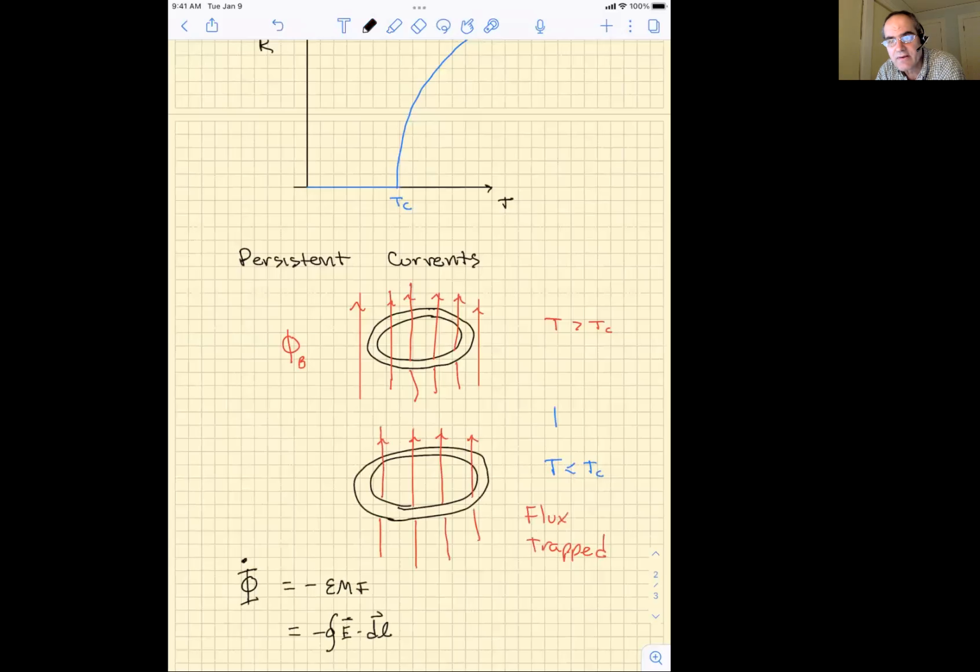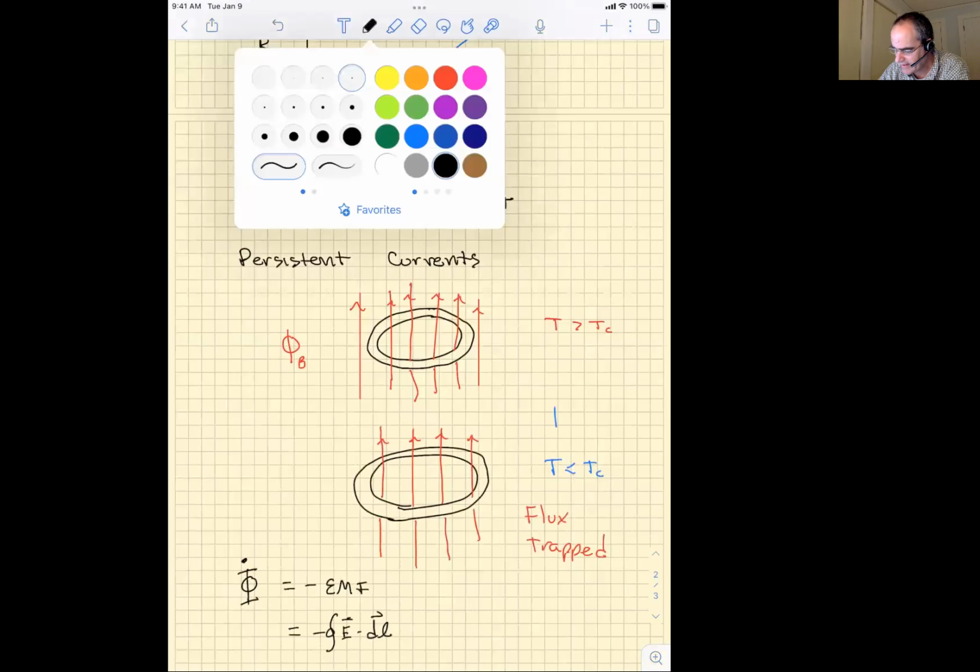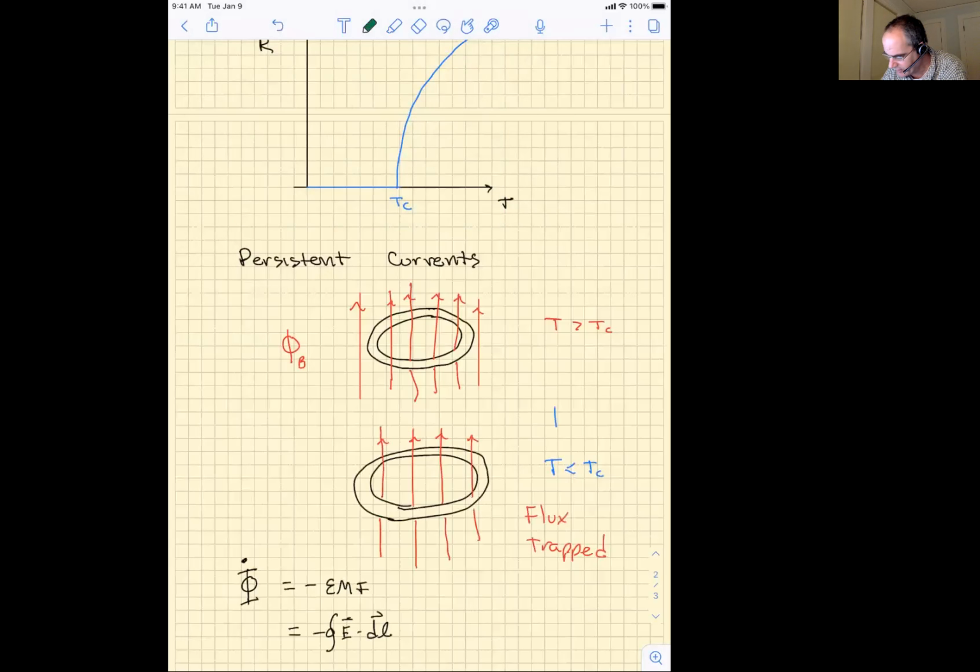That's Faraday's law. But we can't have an EMF, an induced voltage, inside of a superconductor, because a superconductor is a perfect conductor. A voltage would induce an infinite current. Okay? So instead, as the external field is reduced, we'll induce a current, a supercurrent, that will be just large enough to maintain the magnetic flux that threads through the ring.